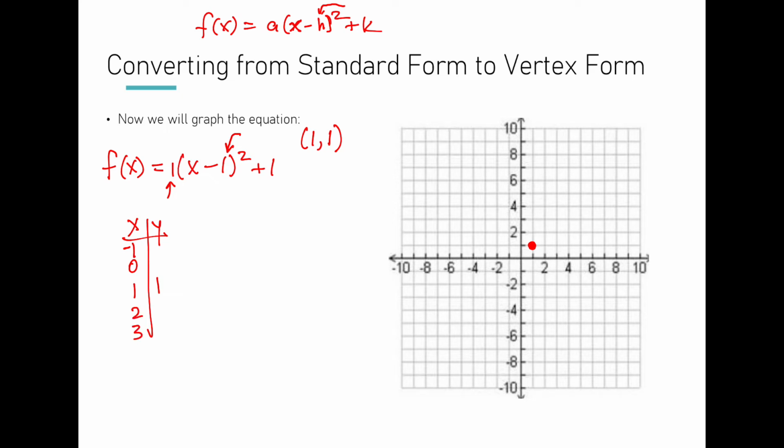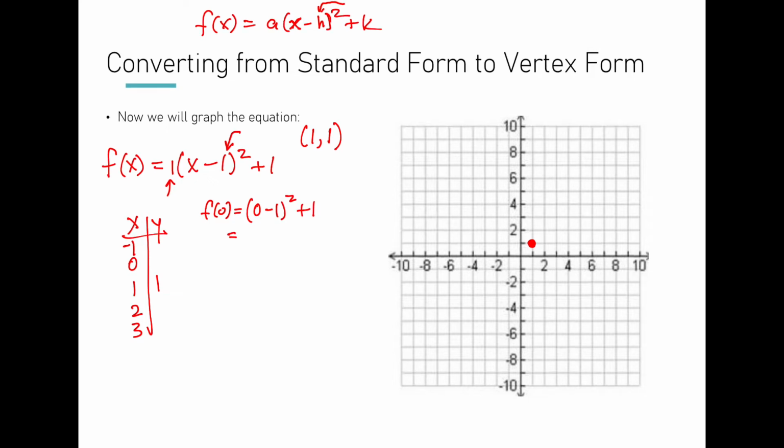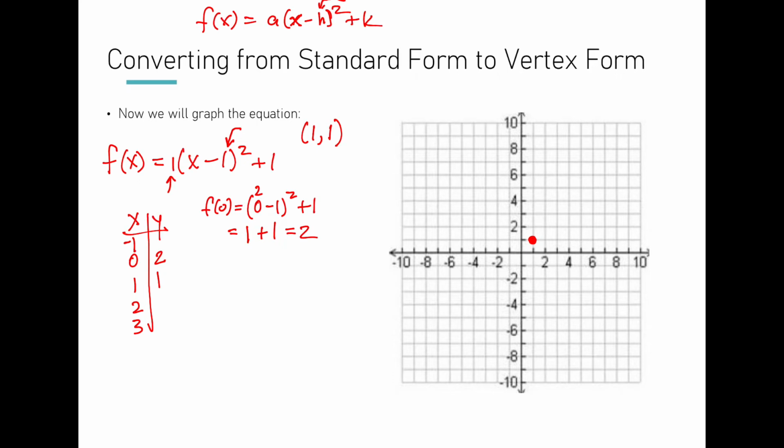And hopefully, especially when I plug in 0, I find the f of 0 here. We see 0 minus 1 squared plus 1. Well, -1 squared is 1, and 1 plus 1 is 2. So 0 gives me 2. I can assume 2 would do the same thing. If I plug 2 in there, 2 minus 1 is 1, and 1 squared is 1, plus 1 is 2. So these both give me 2.